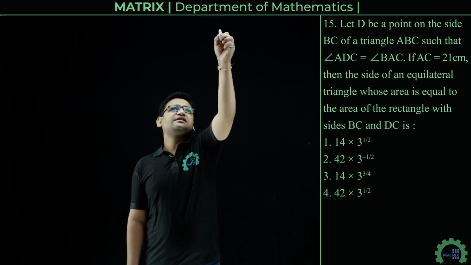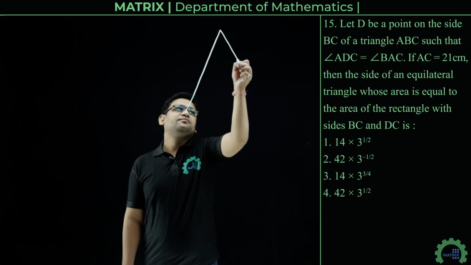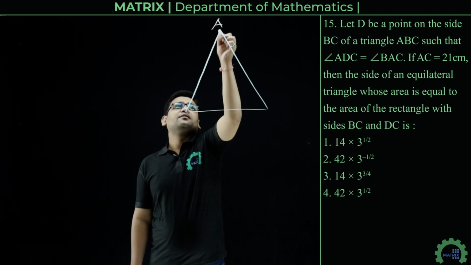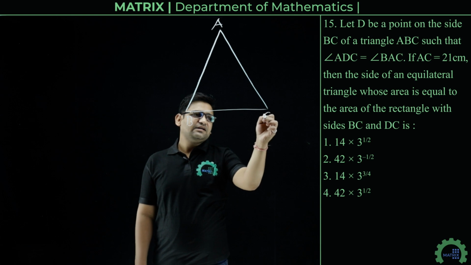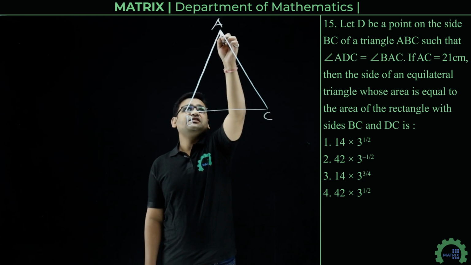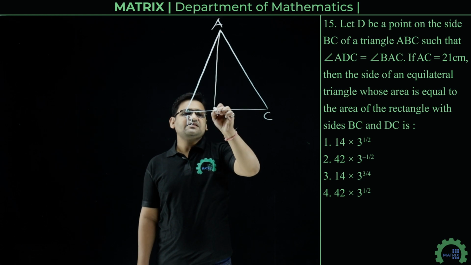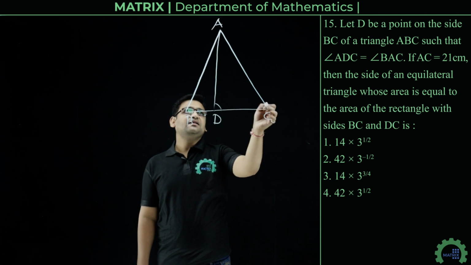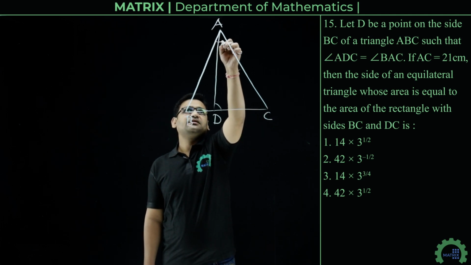Now first of all, we will draw a triangle ABC. So let's say this is triangle ABC, in which there is a point on side BC which is D, such that angle ADC is equal to angle BAC, this angle.